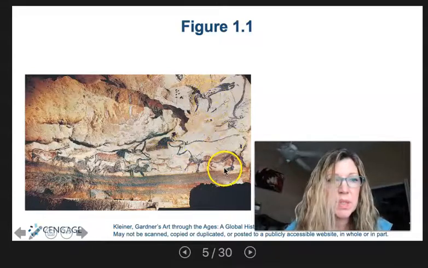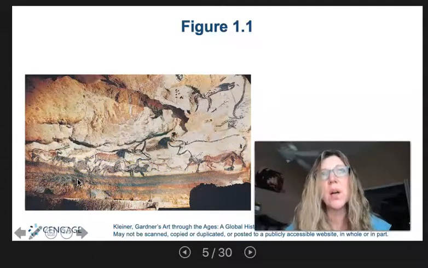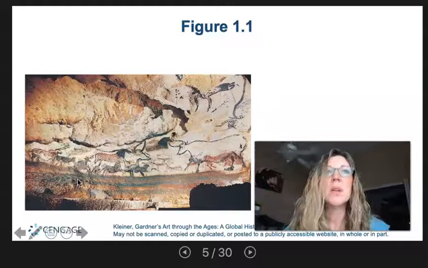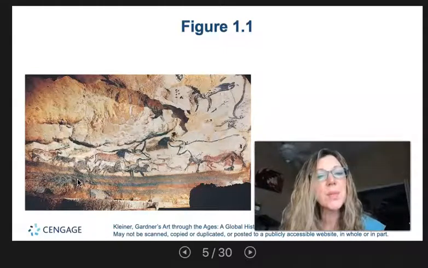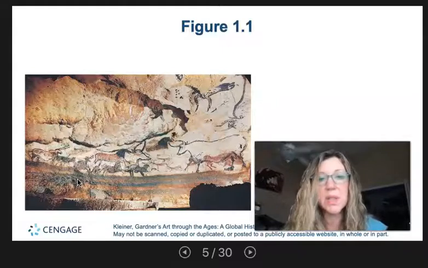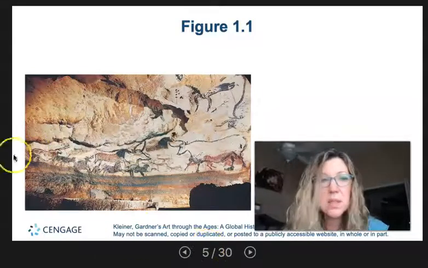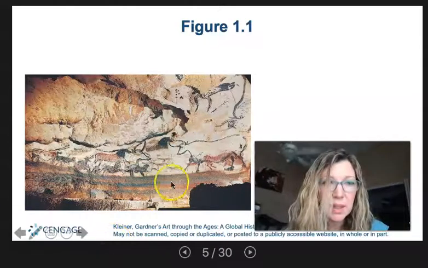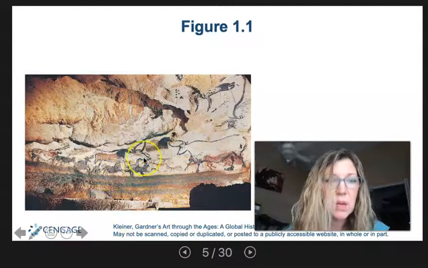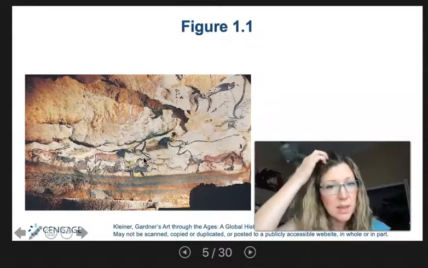The animals appear to be standing on a ground line, so that's when you situate your objects, and they appear to be observing gravity, standing on the ground. This is, in fact, like a sedimentary layer in the walls, but the artist used that as the ground line.